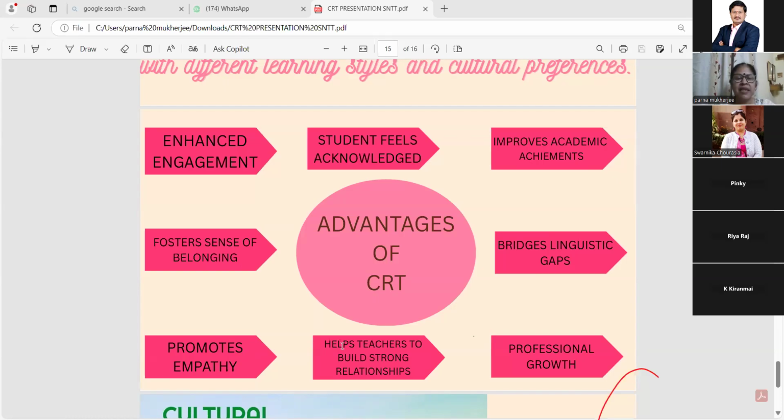This will help teachers build strong relationships with the student, and that will improve the performance of a teacher. That means we have worked on our professional growth.